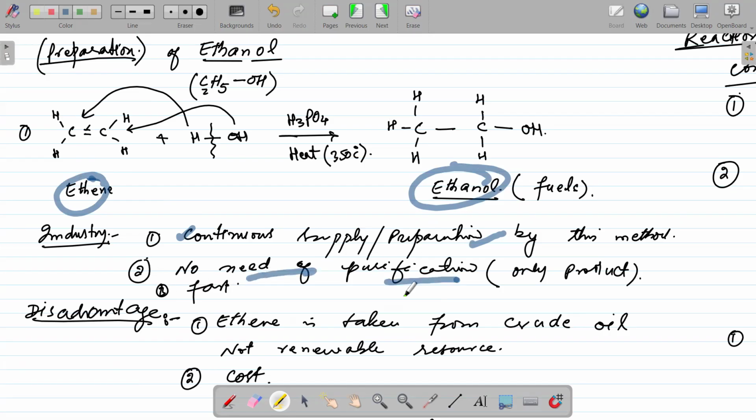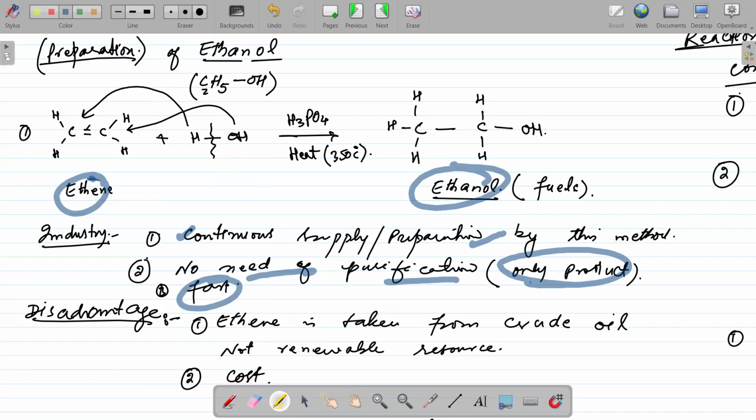No need of purification, only one product. And this reaction is fast as well. Sometimes they ask a question in our exams, what is the advantage for this method in the industry.